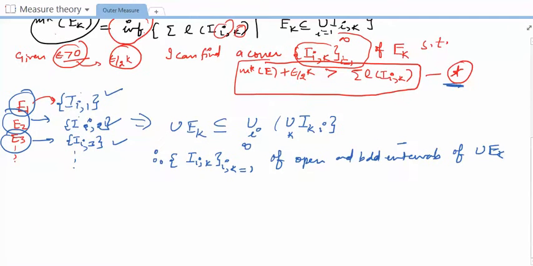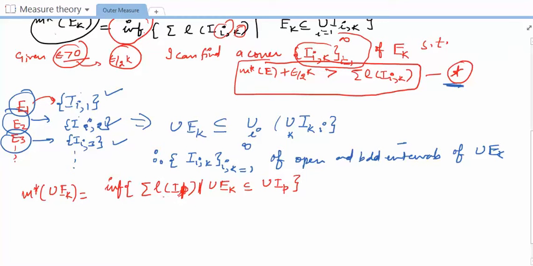Now, by definition, what is m star of the union of ek's? It is the infimum of the summation of L of Ip, such that the union of ek's is contained in the union of Ip.